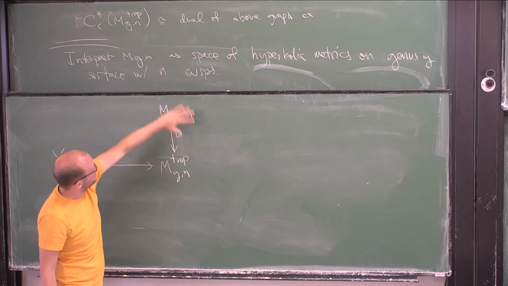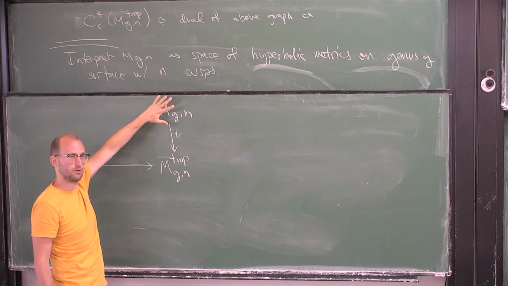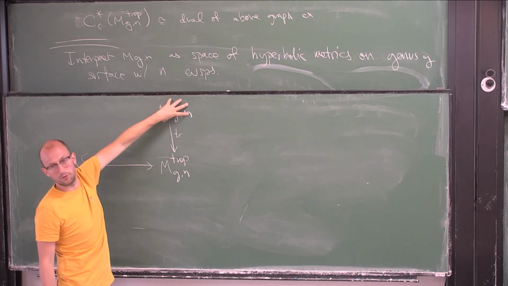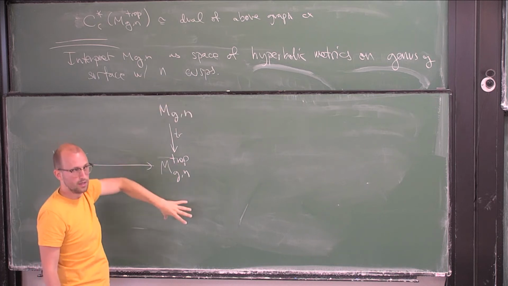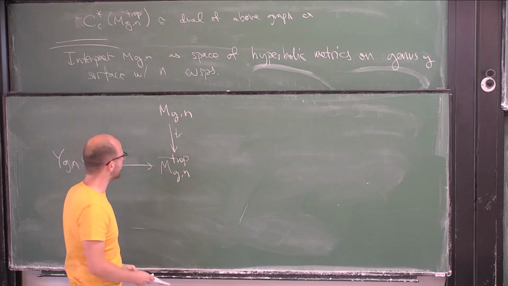And then, compact support cohomology is contravariant for proper maps. So compact support cohomology of this guy maps into compact support cohomology of that guy. It's injective and it embeds as the weight zero part.